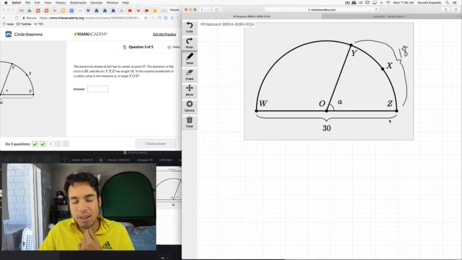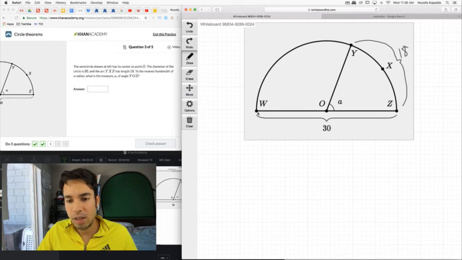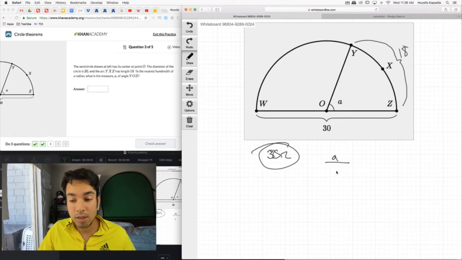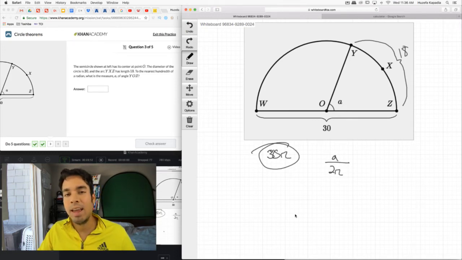First let's calculate the circumference if this were an entire circle. The entire circle circumference would be diameter times pi, which is 30 pi. That would be the entire circle. And if we want to calculate an arc length, what we do is take angle A over, in this case radians, so it's not degrees, it's radians, A over 2 pi, which would be like the angle over 360.